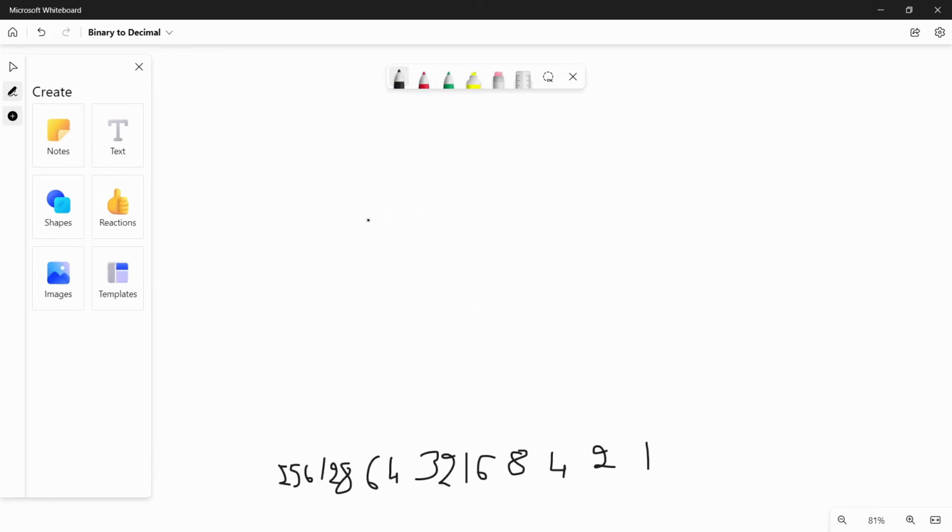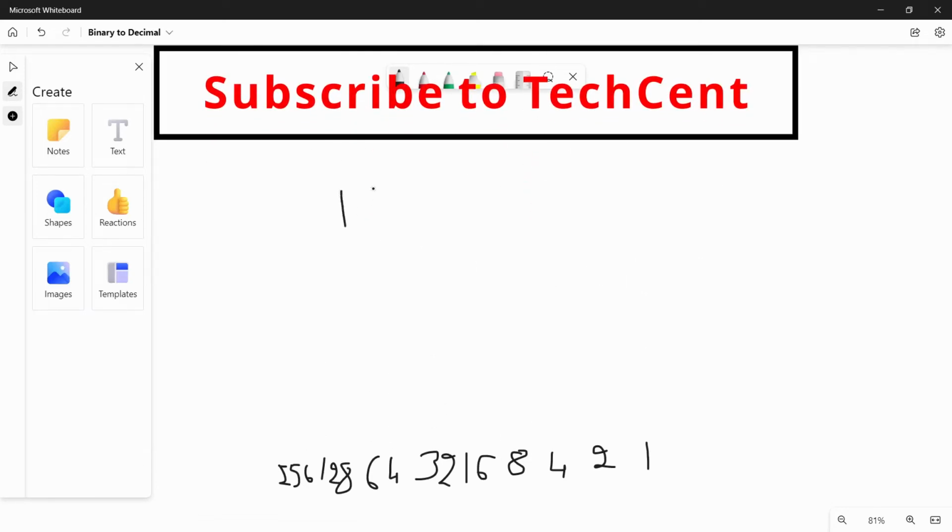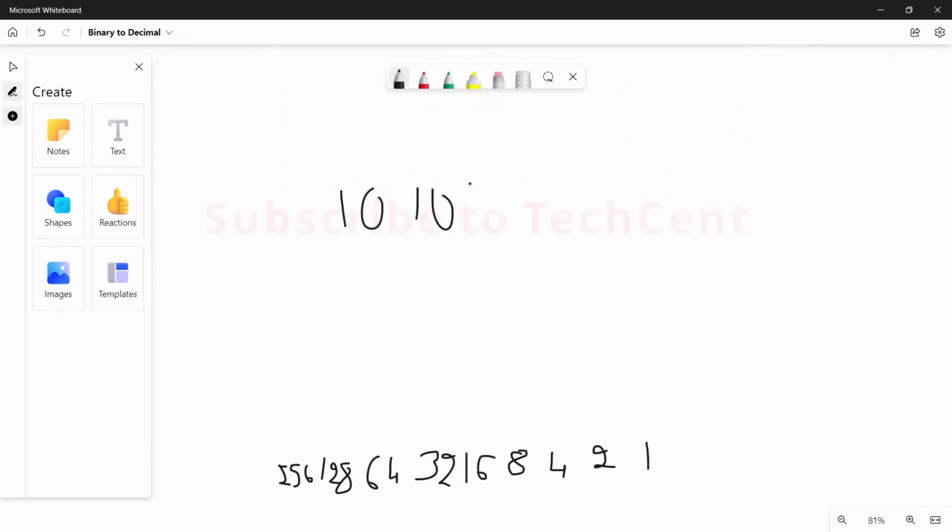Okay, what if I gave you a binary number with a decimal point? Let's say 10101.101. Okay, we know that this is at 2 to the 0 power, 2 to the 2 power, 2 to the 4 power. We know that after 0 comes negative numbers.